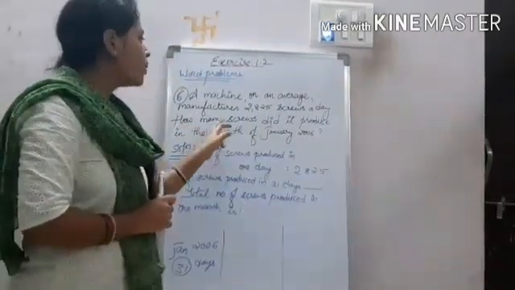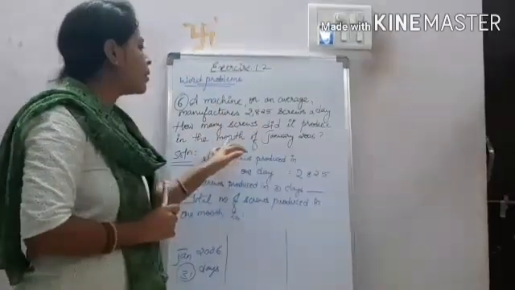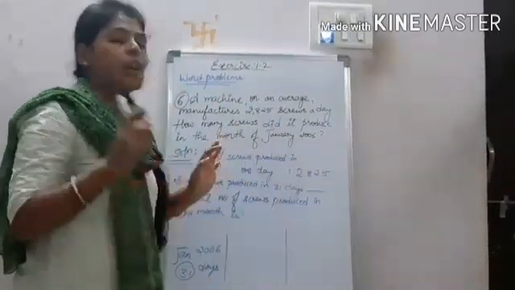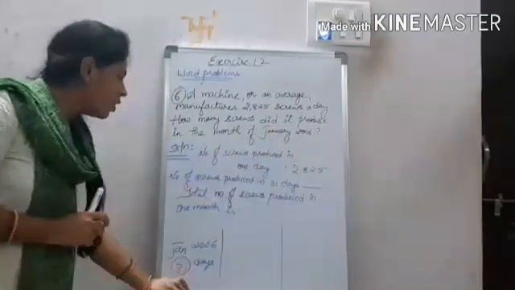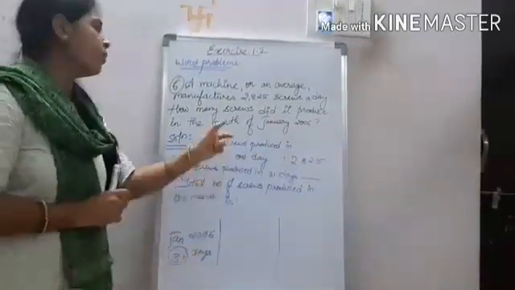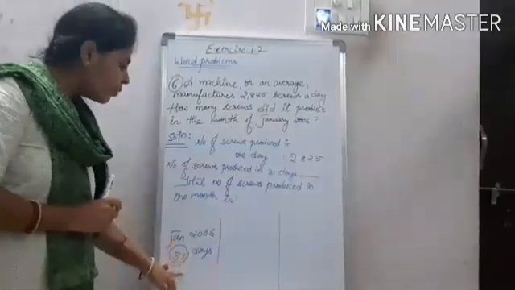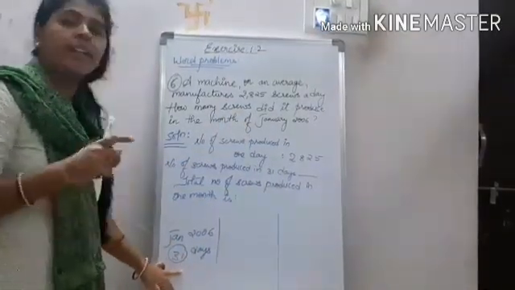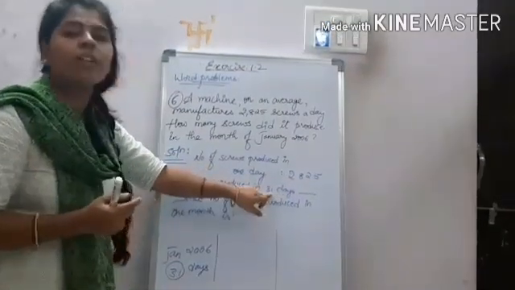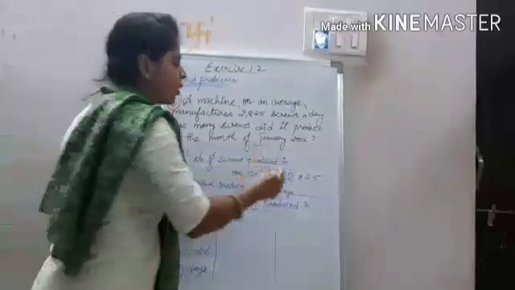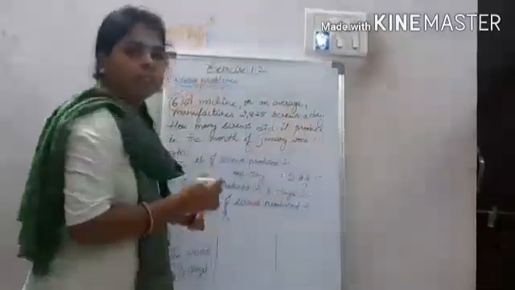Next, it is asked how many screws it produced in the month of January 2006. According to the calendar, January has 31 days. So for 1 month it is 31 days. When you know the value for 1 day, you have to calculate for 31 days.